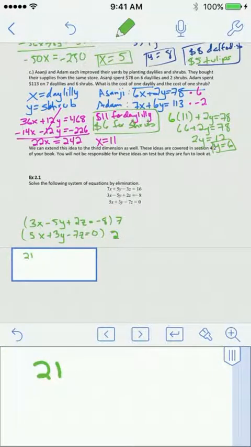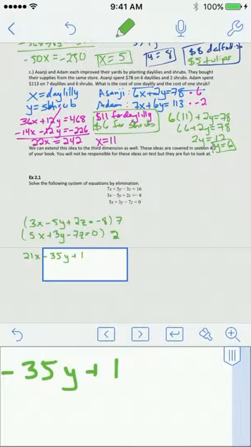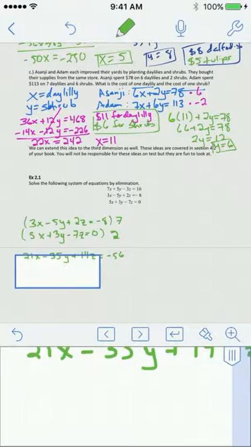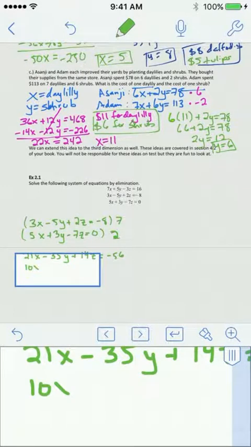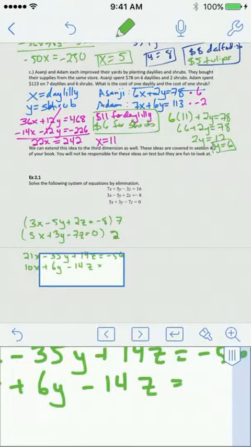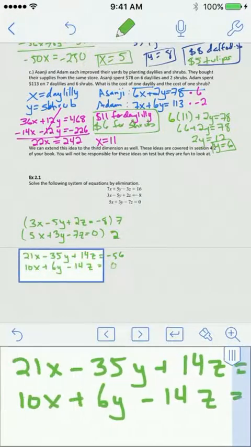I get 21x minus 35y plus 14z equals negative 56. And then in my second equation, I get 10x plus 6y minus 14z equals 0.